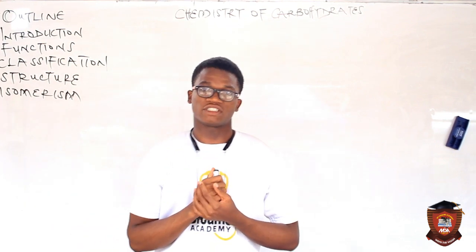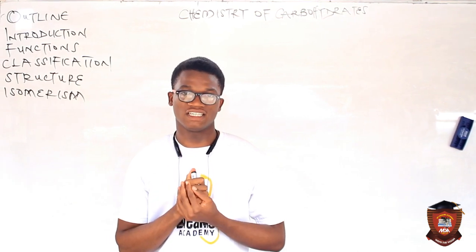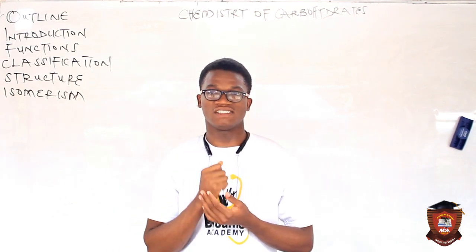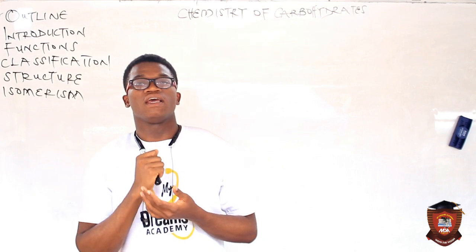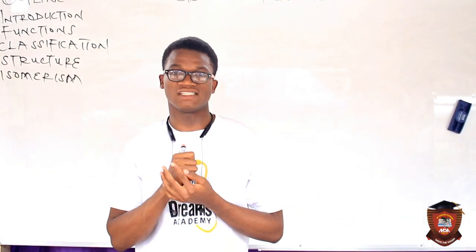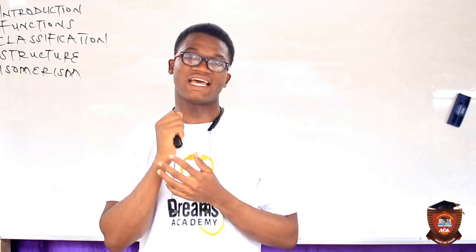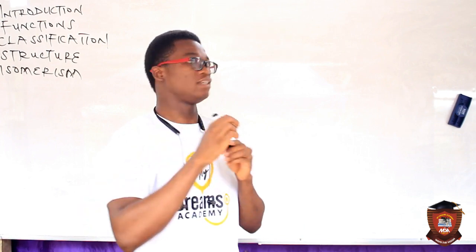Now, by way of introduction, carbohydrate, like I've already said, is known as the energy giving food, but by definition it is defined as a polyhydroxyaldehyde or a polyhydroxyketone that is optically active, or substances that are derived from this by hydrolysis. I'm going to take it again.